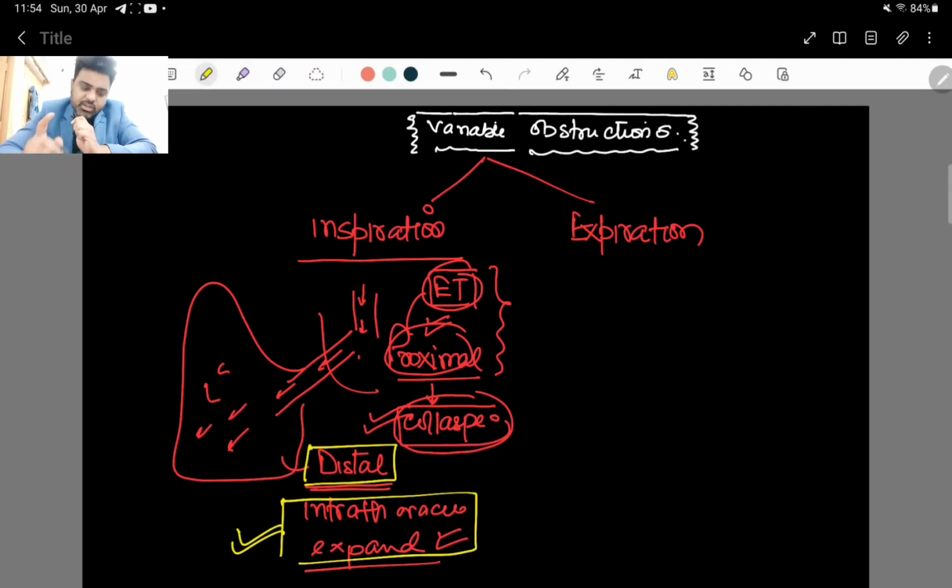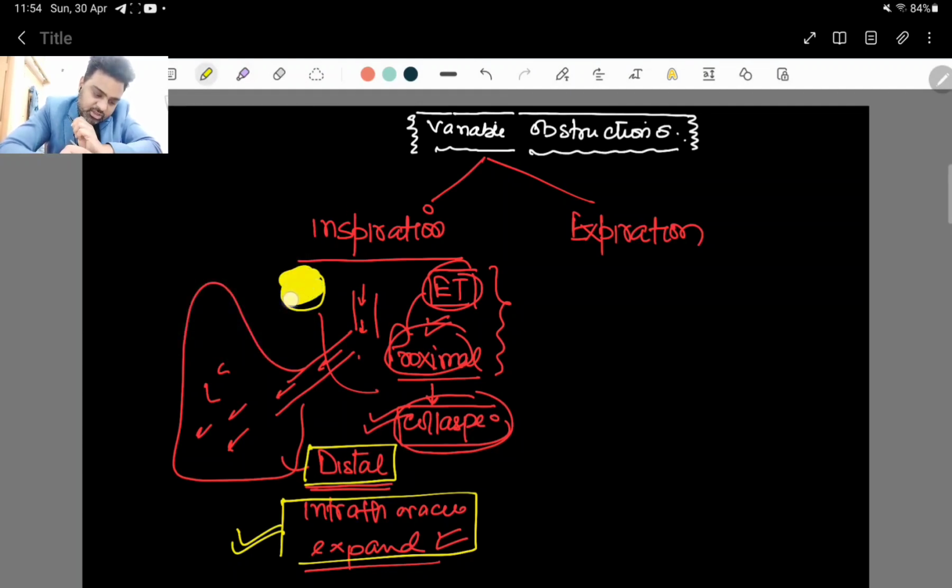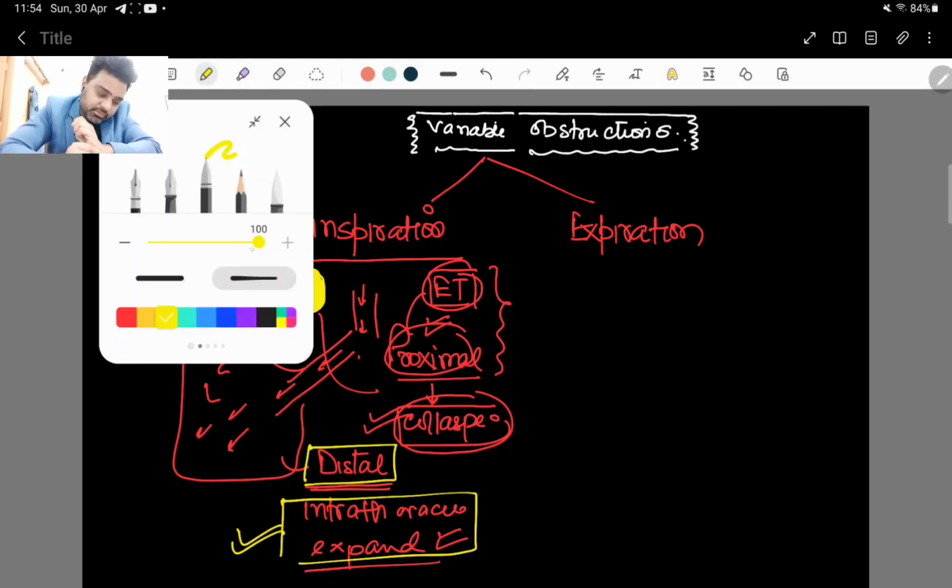So if we have an extrathoracic obstruction, just think which phase will it affect.